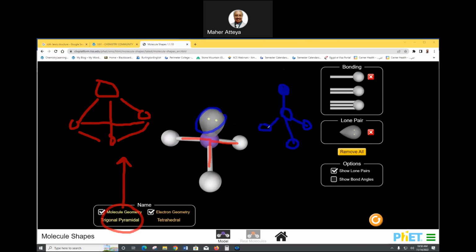So this is tetrahedral with the lone pair. So the electron geometry is tetrahedral, because I added what? I added the lone pair. This is the electron geometry. If I exclude the lone pair, this is trigonal pyramid, correct? This is trigonal pyramid.